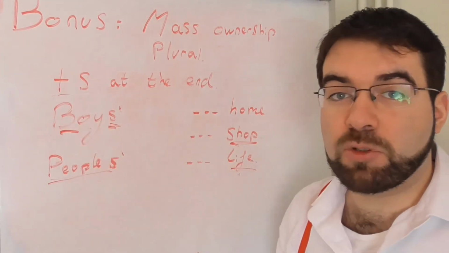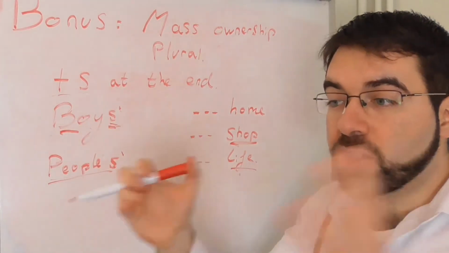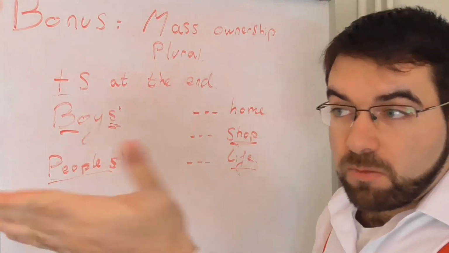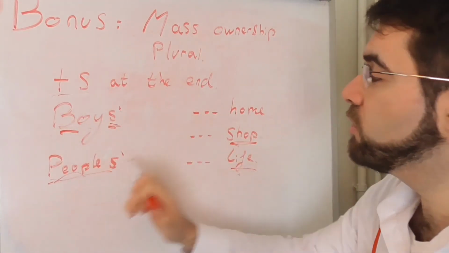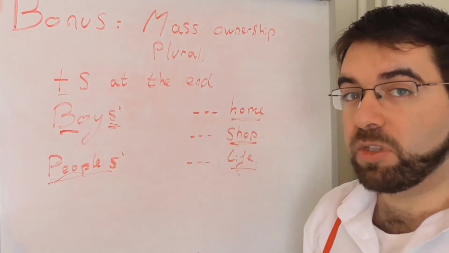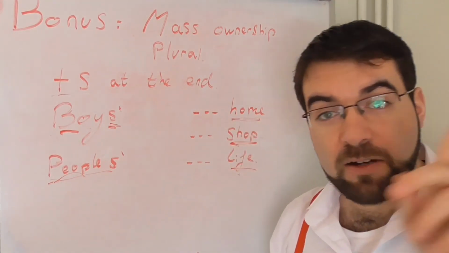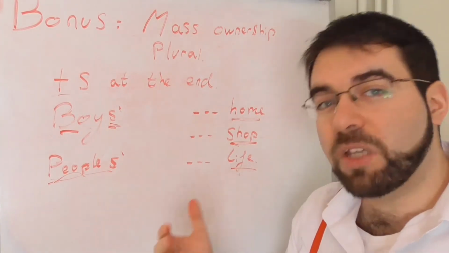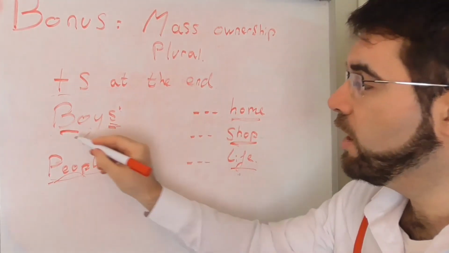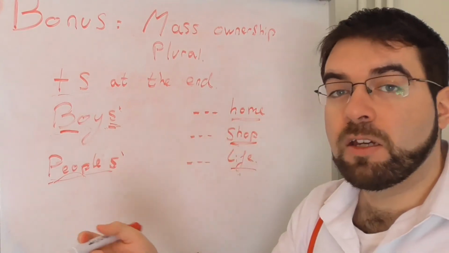It could be the name, people's shop, or it could be owned by a certain group of people. That's the people's shop. Or likewise, an old people's home. That home over there is for old people. Or even the boys' home. Let's say there's twins. Where do they live?